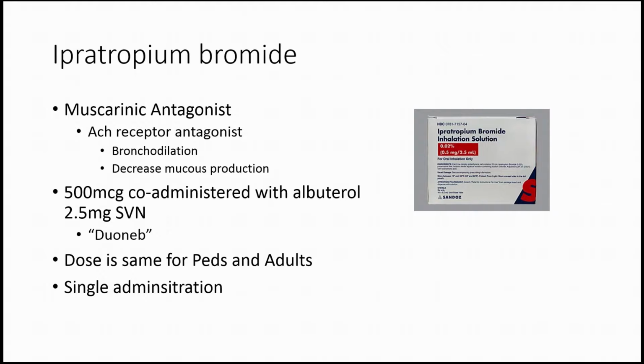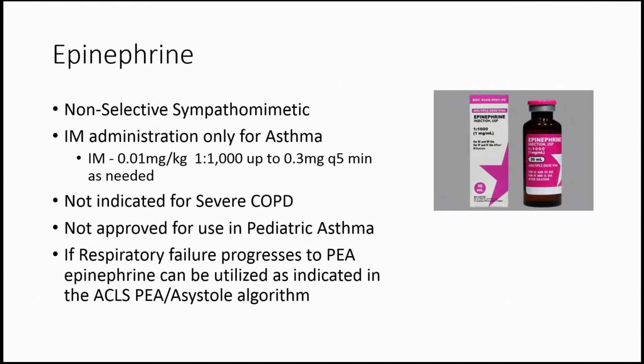So I give a duoneb as my first dose generally, and then my subsequent nebulizer treatments are going to be albuterols, okay? So a duoneb to begin with, or a mix of albuterol with ipratropium, and then subsequent to that is albuterol, albuterol, albuterol, okay? Dose the same for peds and adults, again, a single administration.